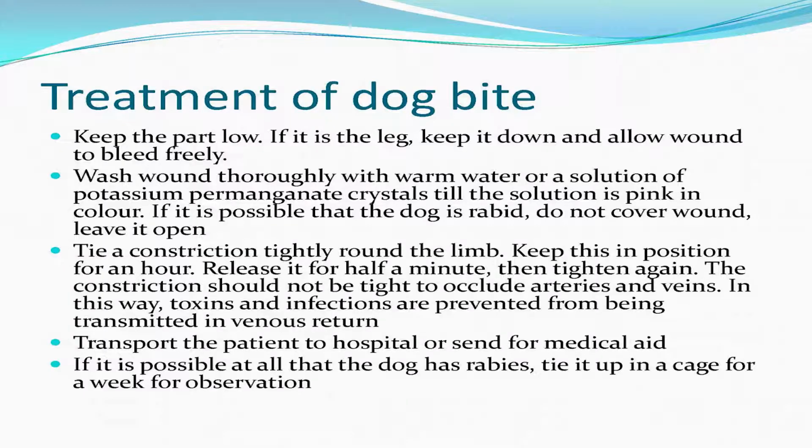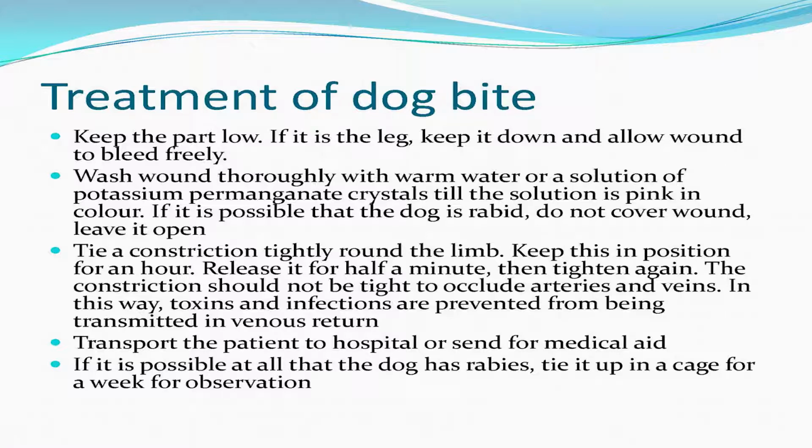Treatment of dog bites: you keep the part low. So if the dog bites the leg, you keep the leg low, not high above the head. Neither will you keep the hand high above the head, but you keep it low so that it will bleed out. The poison will come out with the blood.